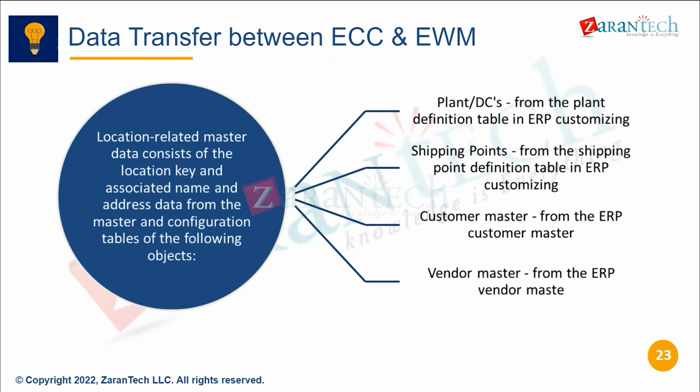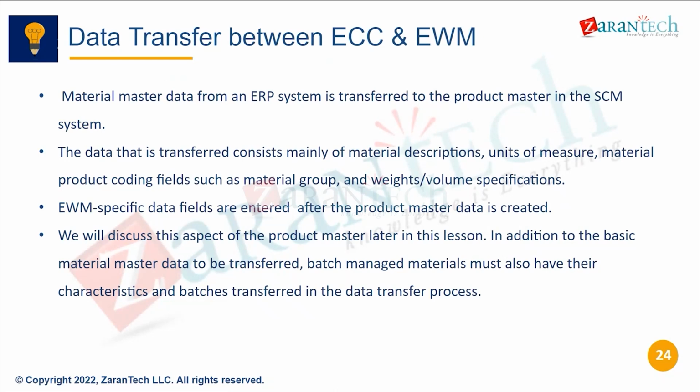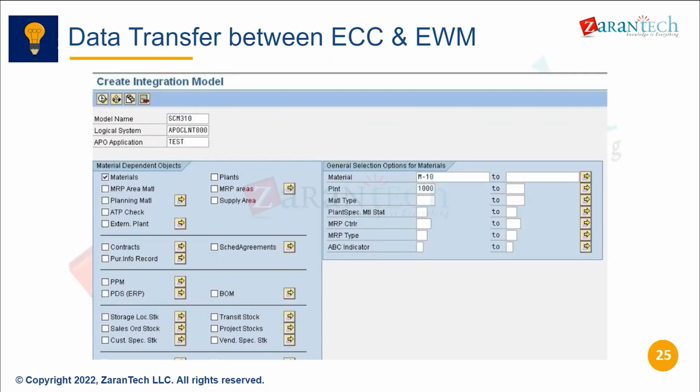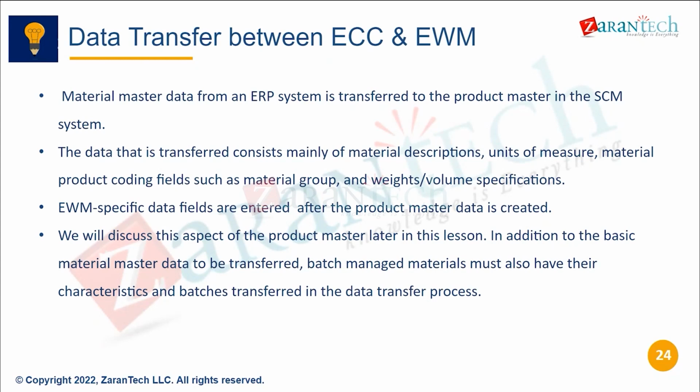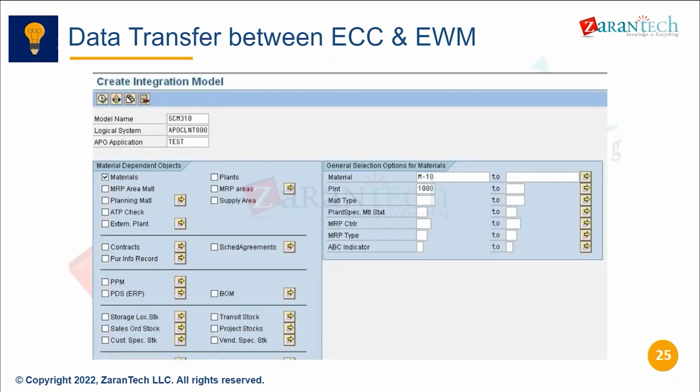This is location master related data, how it is going to be transferred. It is shown here. Now you can see these are the standard transaction codes SAP has provided, that is CFM1, CFM2, CFM3.